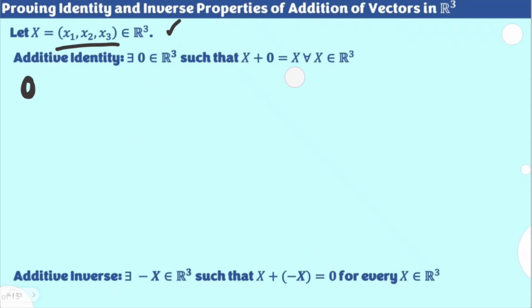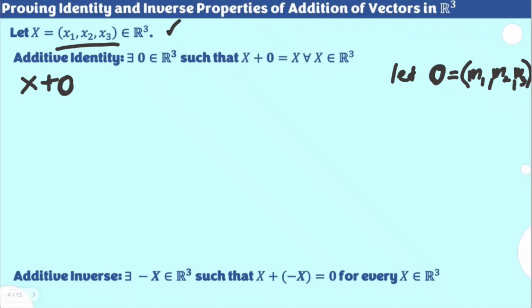So what we can do here is express x plus our vector 0 as a sum of two vectors. We're going to let our vector 0 be any vector, let's simply say m sub 1, m sub 2, and m sub 3.